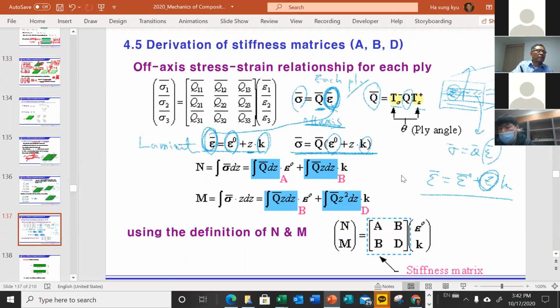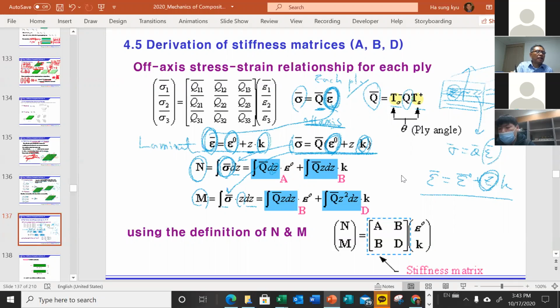Now we have a definition of in-plane load, and that is nothing but the sigma bar integration, and the moment is the sigma bar multiplied by Z integration. This sigma bar, we have this one and we put it here. And this sigma bar, we put it here. And then from now on, this is nothing but analytical mathematical derivation. See here, there is epsilon zero and curvature, and epsilon zero has nothing to do with Z, okay?